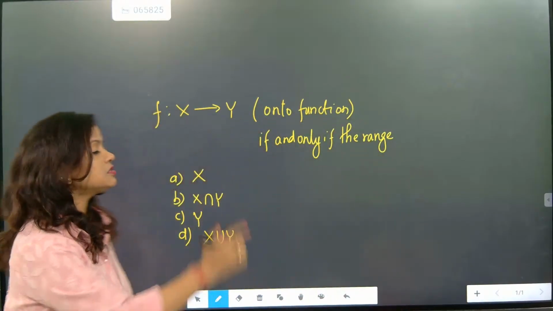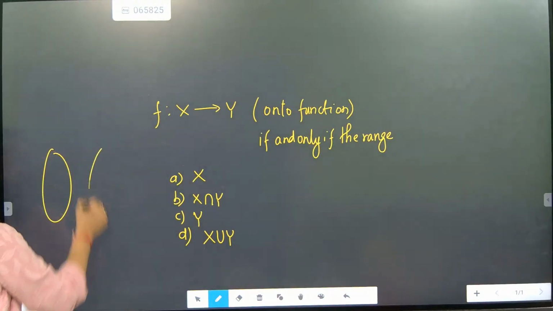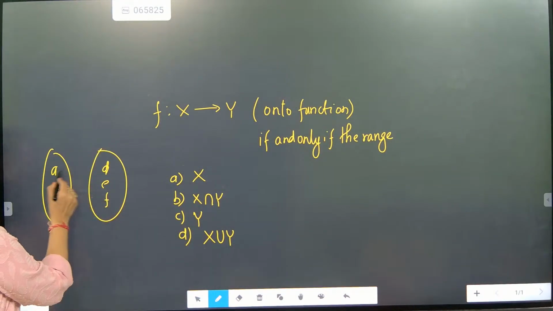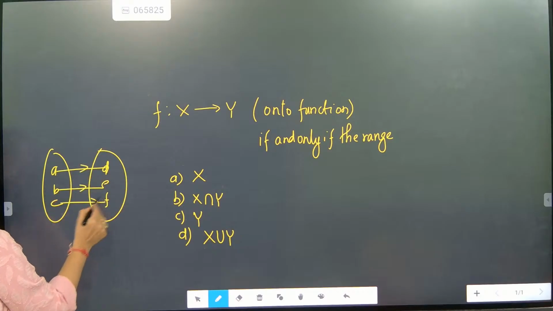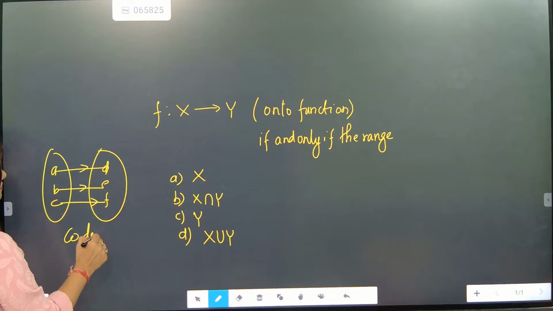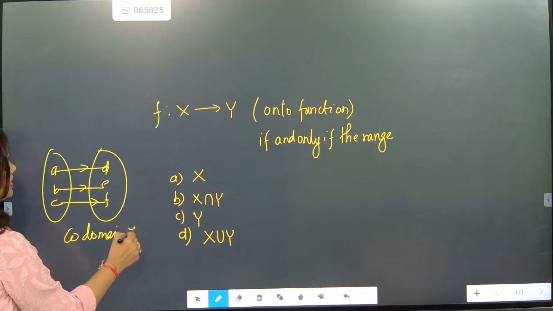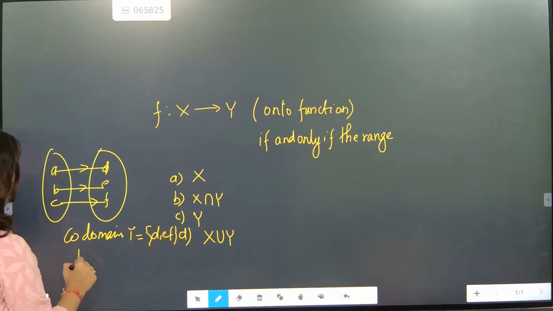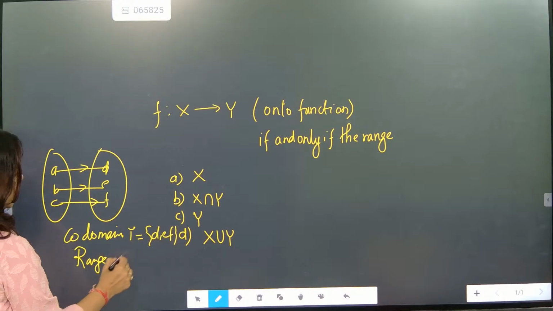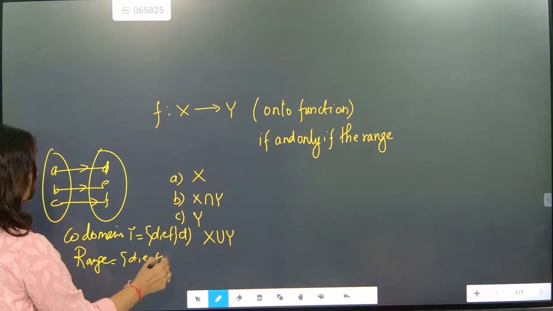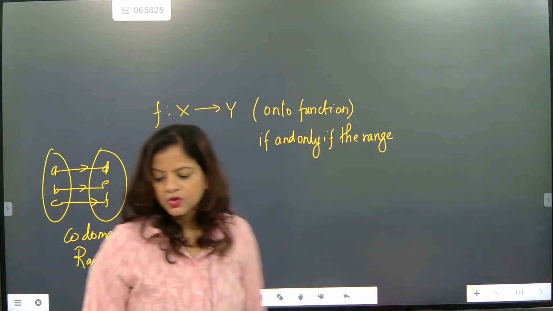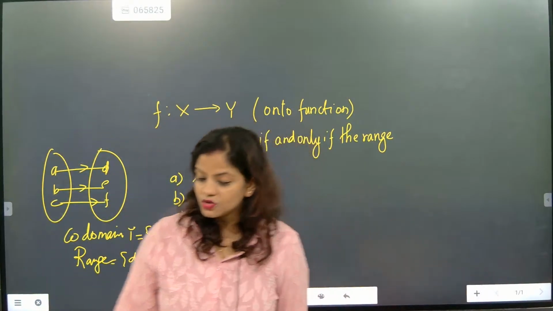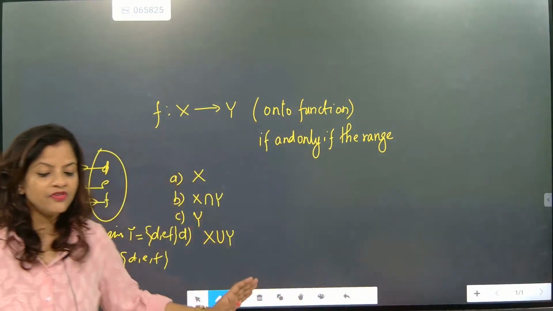Why? Because onto function means A, B, C on one side, D, E, F on the other. The codomain is Y, and Y is exactly having D, E, F. The range is also exactly having D, E, F. So definitely here codomain is equal to range, and that is the most important point. I hope everybody analyzed this part.